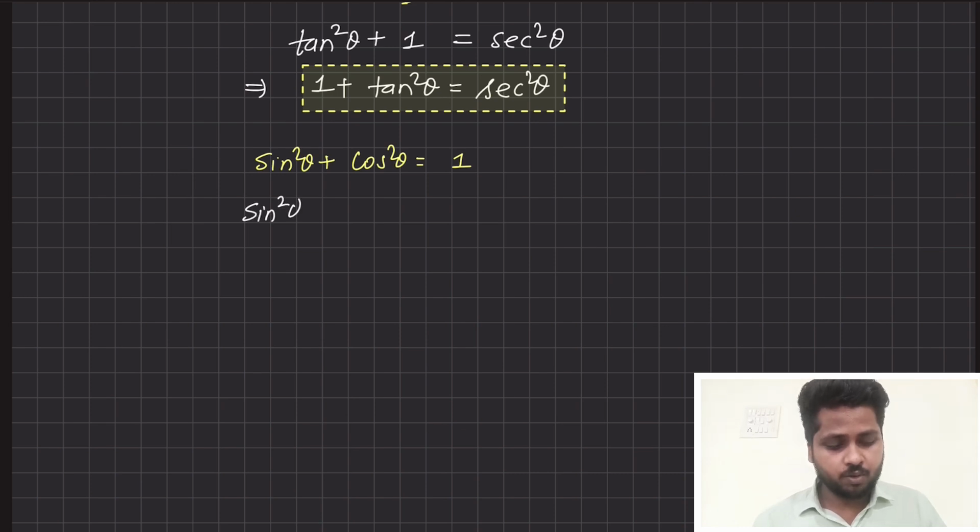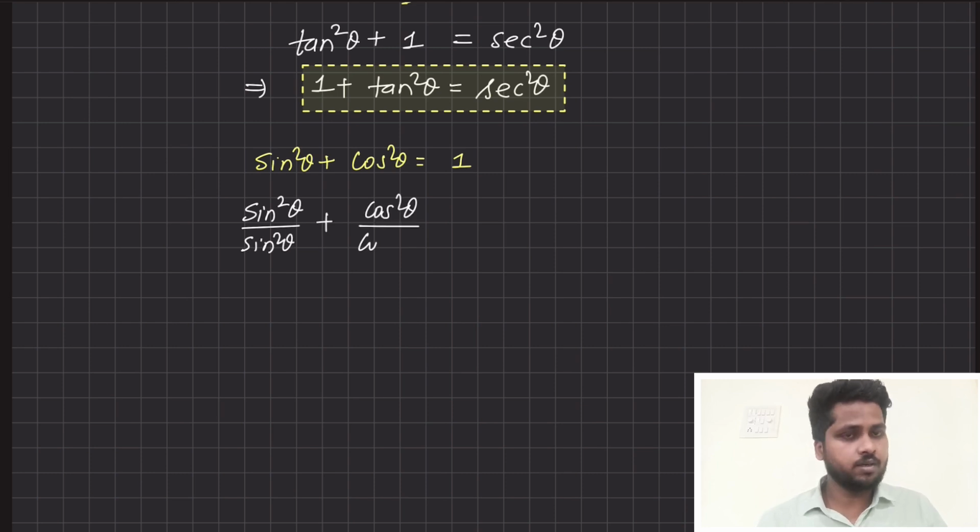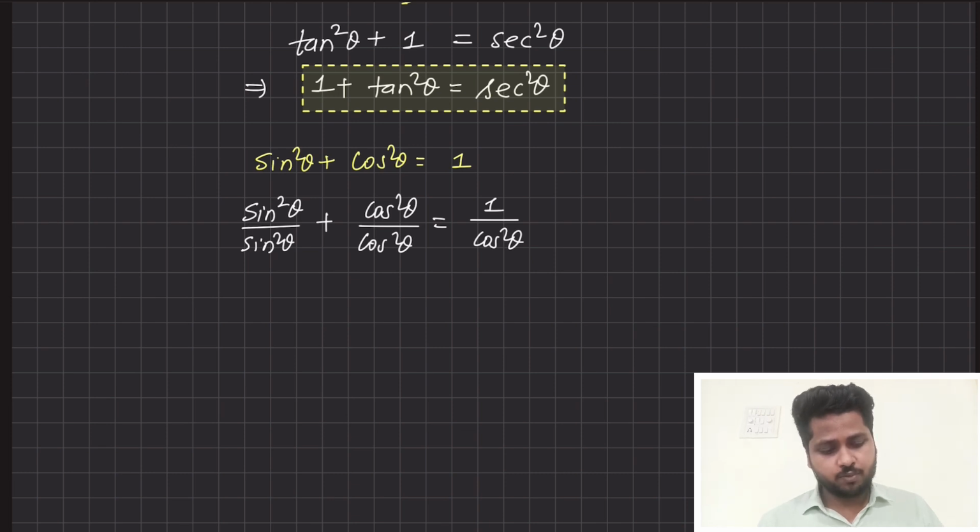Sin square theta upon sin square theta plus cos square theta upon sin square theta is equal to 1 upon sin square theta. Sin square theta upon sin square theta will get cancelled. So here we are getting 1 upon sin, sorry, this will be sin, because we are dividing by sin theta.